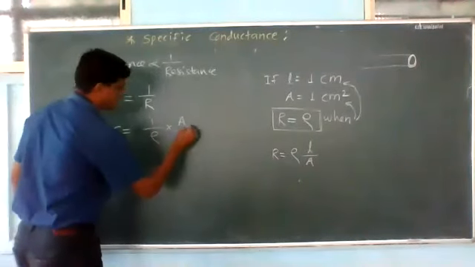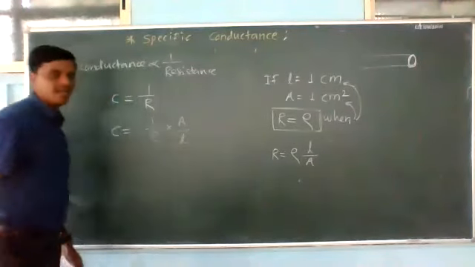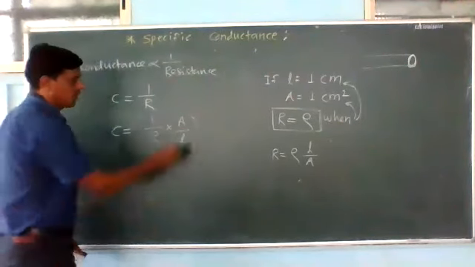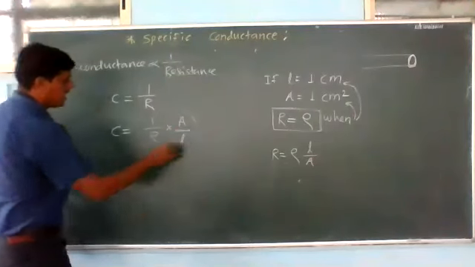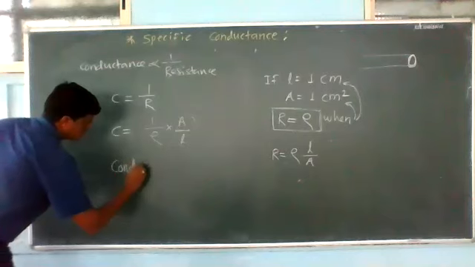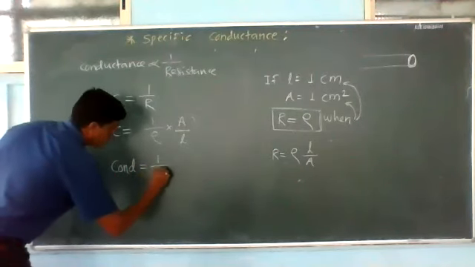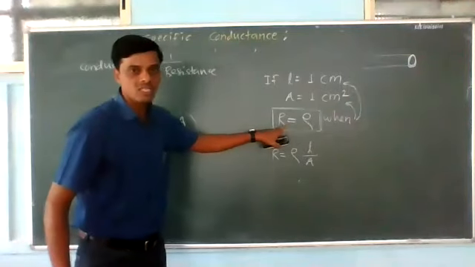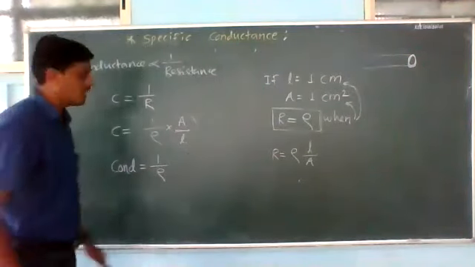Now, if we fix the values of A and L, then what will we get? The conductance of the solution is equal to 1 upon rho, where rho is the specific resistance.